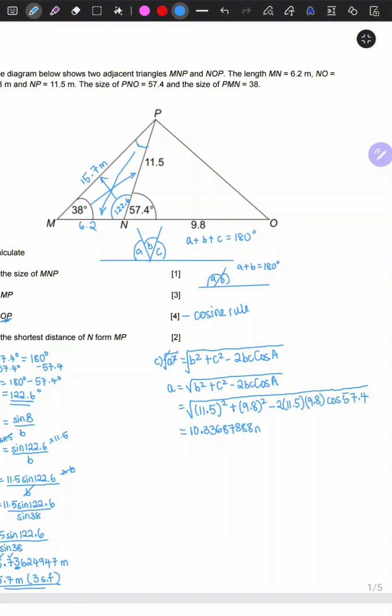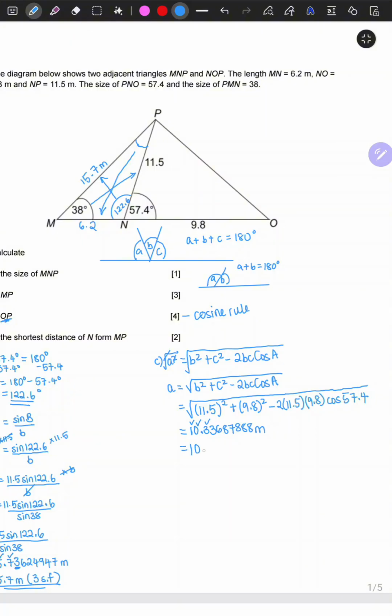Remember, we give our answers to 3 significant figures. So we are going to count the number of significant figures. 1, and in this case the 0 is significant because it's in between 2 significant numbers. So 1, 2, 3.